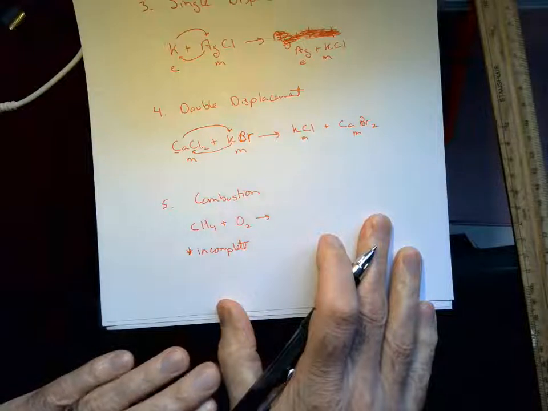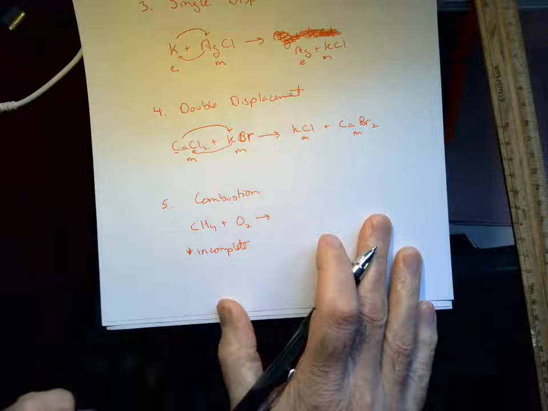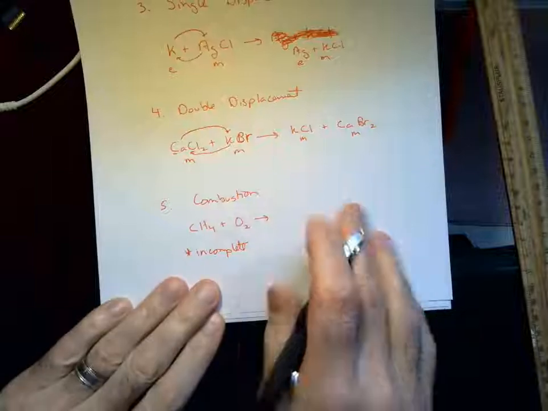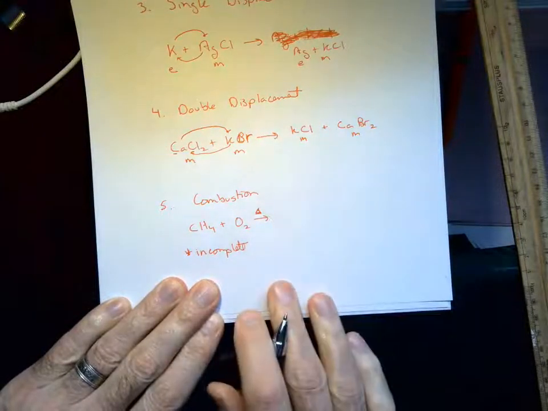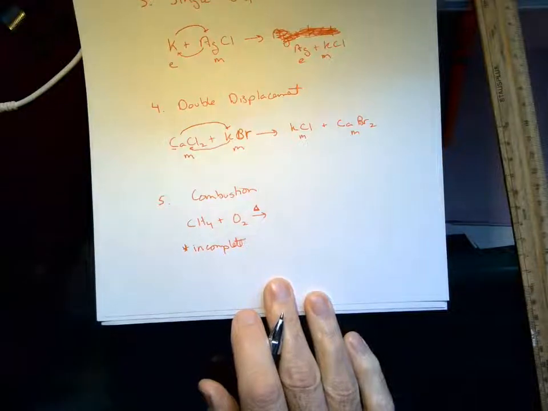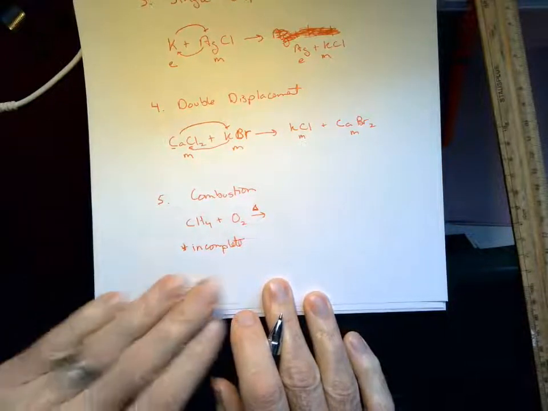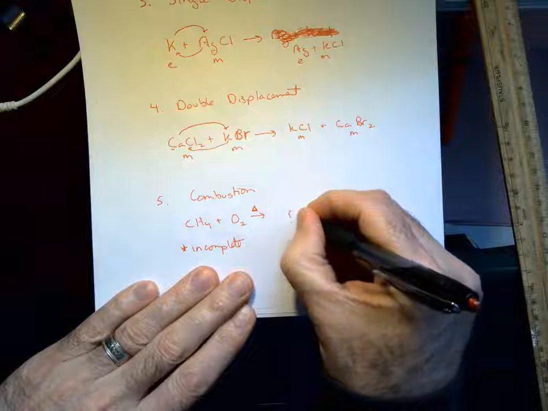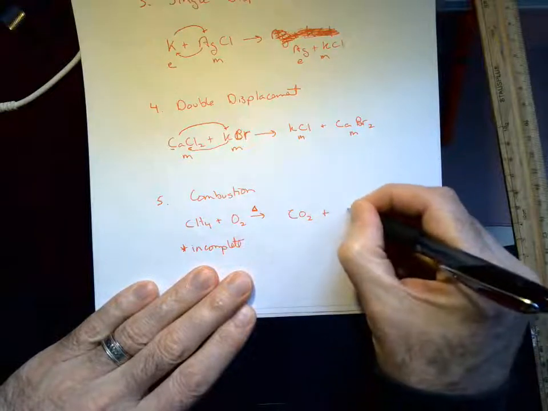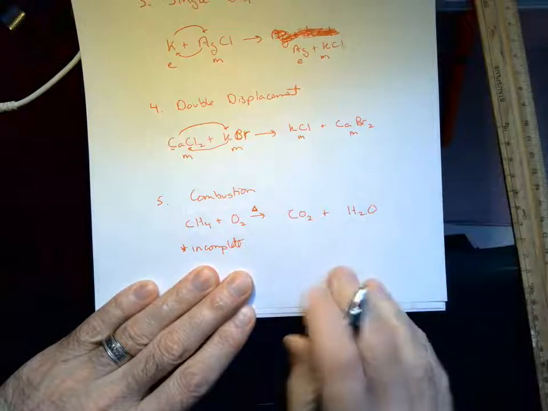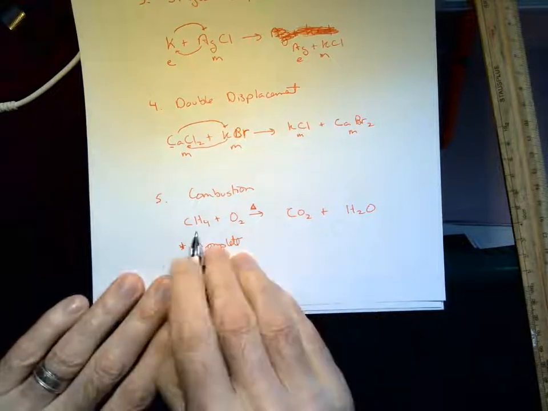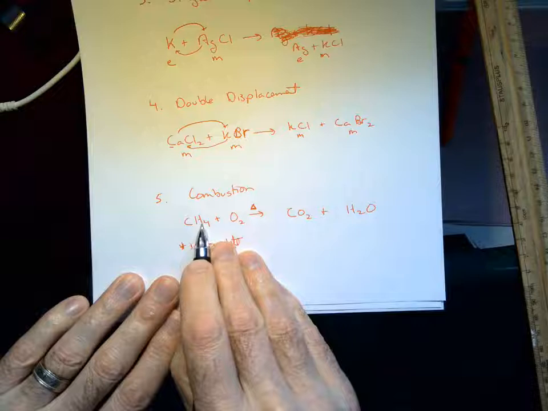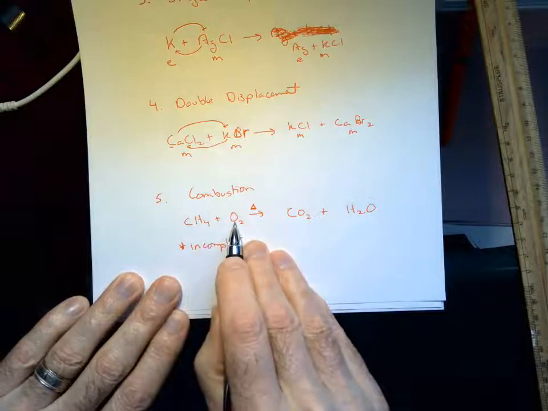A combustion reaction is when we take something organic or carbon containing and we react it with oxygen and heat. They often don't show that triangle, which is the symbol for heat. Whenever you burn anything, you are going to make CO2 and H2O. So when you take something like wood, this one's methane here, but wood's also organic.